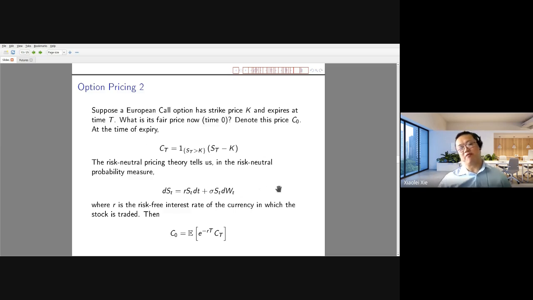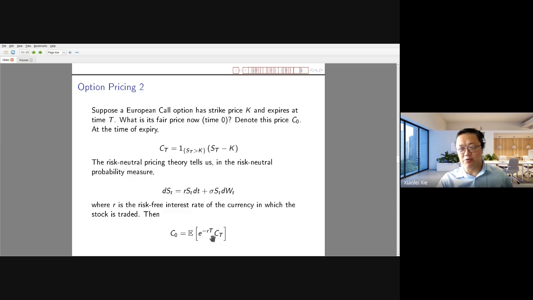So for example, if the stock is traded in US dollars, this risk-free interest rate is published by the Federal Reserve. I think it is called the SOFR rate, Secured Overnight Financing Rate. And then with this risk-free interest rate and the risk-neutral probability measure, we can calculate today's price of the call option as an expectation.